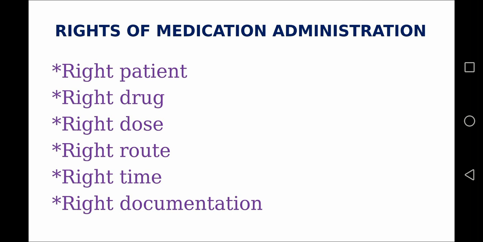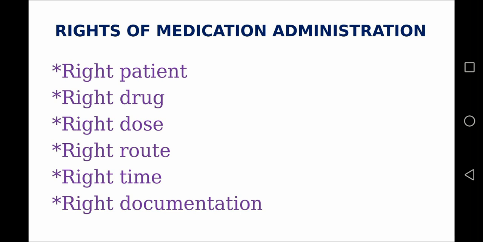Next is right dose. Here in the right dose, check that the order is appropriate for the patient. Too much or too little of a properly ordered medication can still cause issues for the patient.